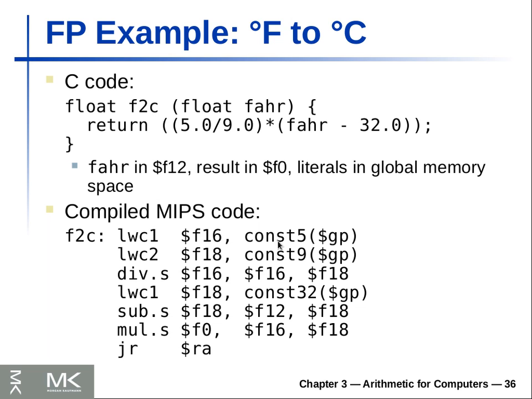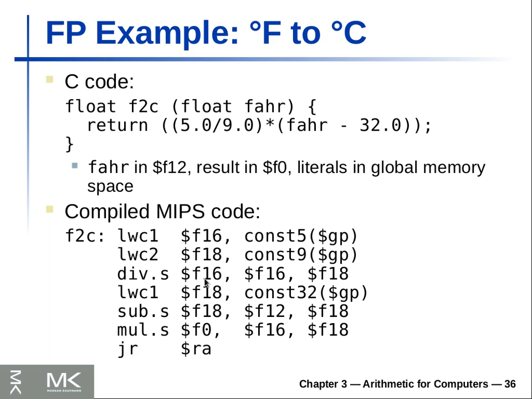F to C. We're going to load into F16 from the global pointer some constant, aka 5.0, and the other constant, 9.0, into these two floating point registers. We'll go ahead and do the division, 5 divided by 9, and store that back into F16. Everyone following me so far? Is that a global pointer and offset?